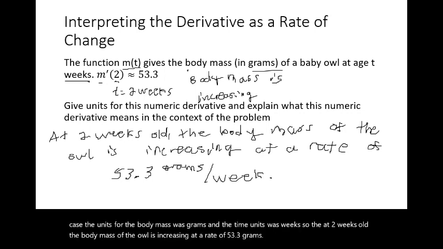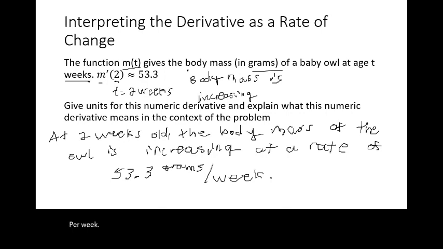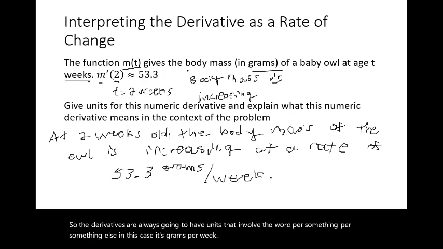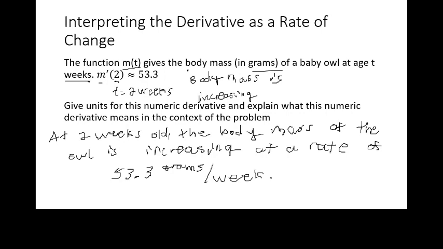So derivatives are always going to have units that involve the word per something else. In this case, it's grams per week. Now remember, the slope of the tangent line on a function is going to be different at every point of tangency. So in the context of this problem, will this baby owl grow at the exact same rate at every single age throughout its entire babyhood?